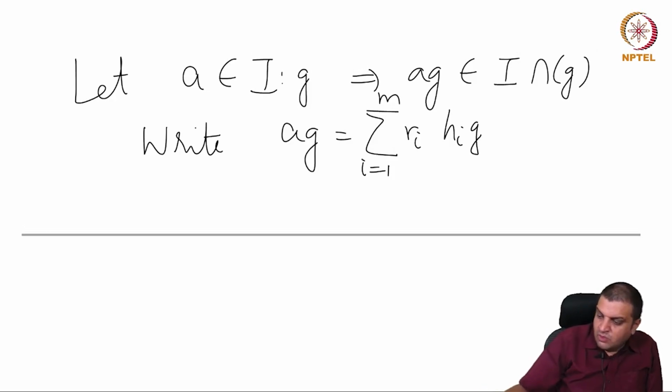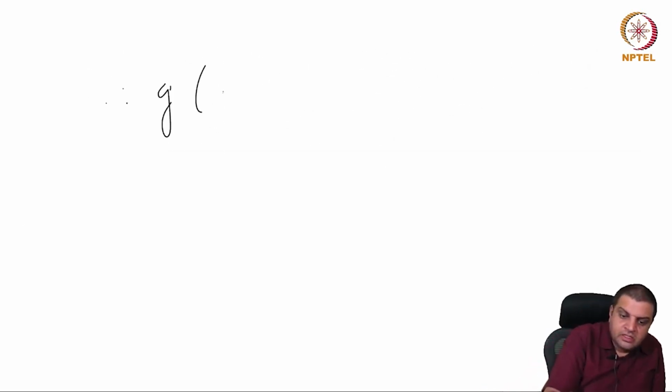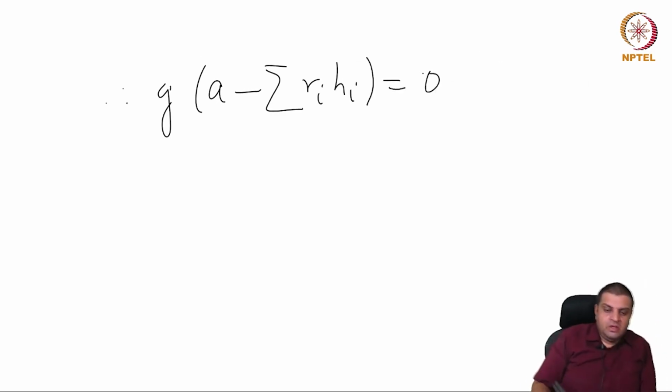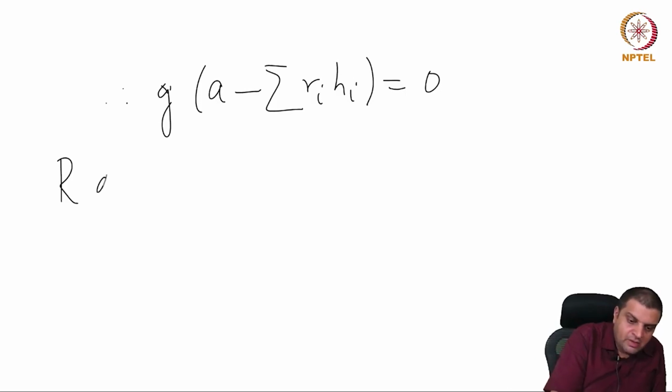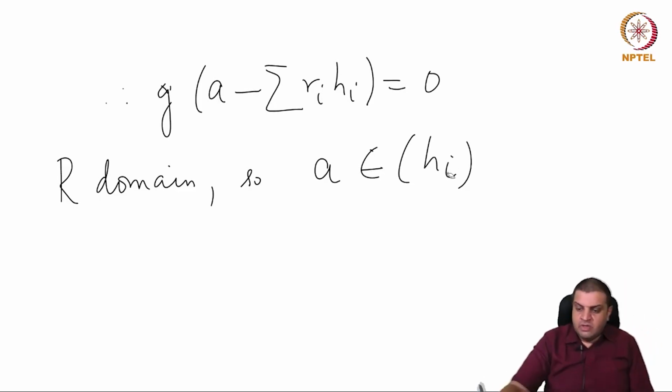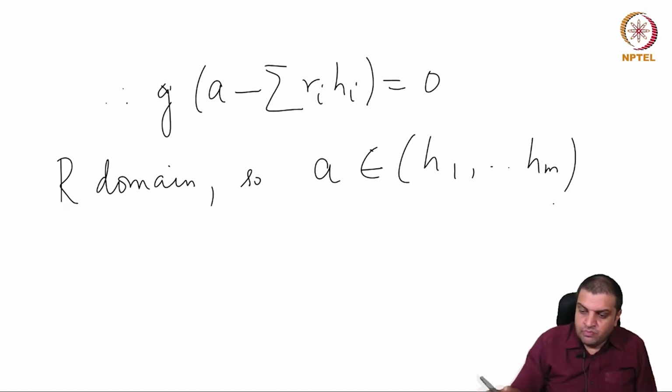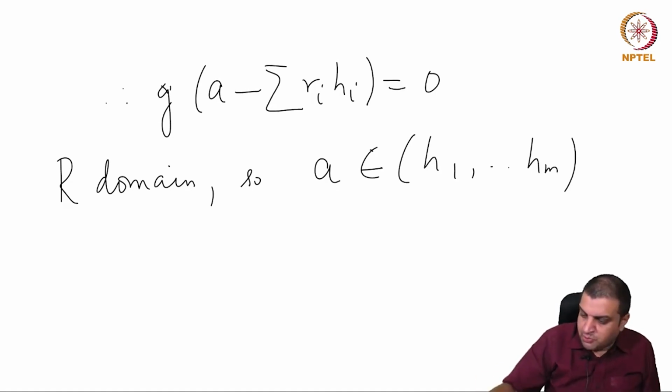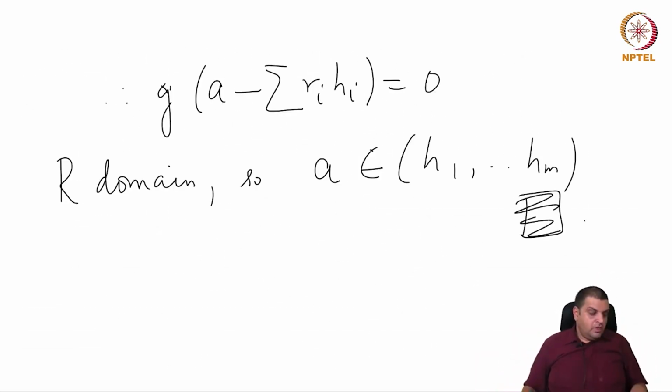So now we can write G times (A minus the sum of Ri Hi) is equal to 0. Now R is a domain, so A must be equal to the sum of Ri Hi, so A is in the ideal generated by H1 through Hm. Which is what we wanted to prove: I colon G is in the right side. So this is where domain is used.